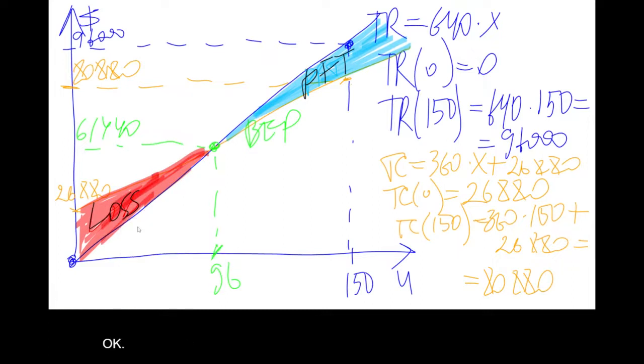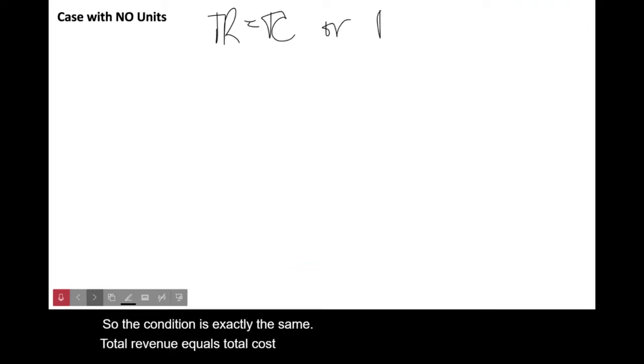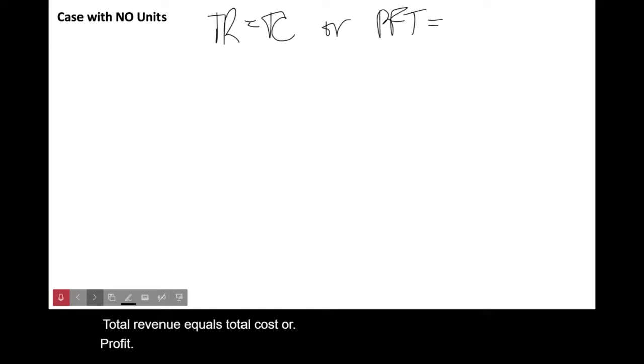Okay, so it was the case when we had units. Let's continue with the case with no units. So the condition is exactly the same: total revenue equals total cost, or profit is zero. This part is the same.